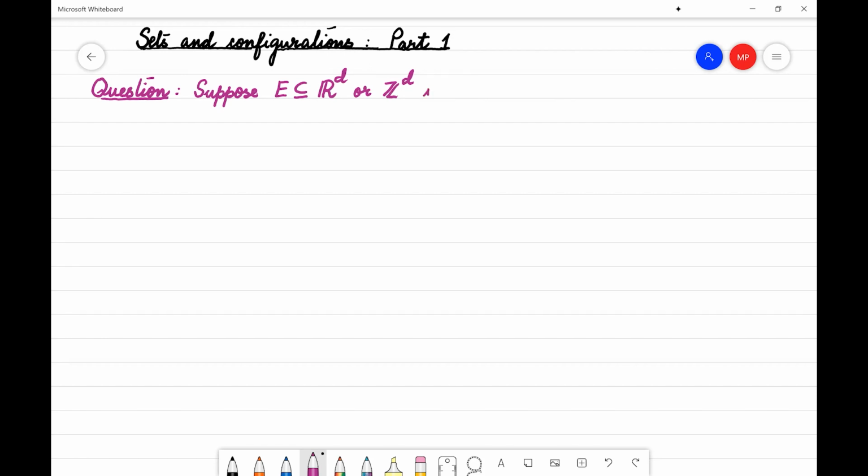Suppose this is large. And I fully understand that this could mean many things. Then, does E contain many patterns?